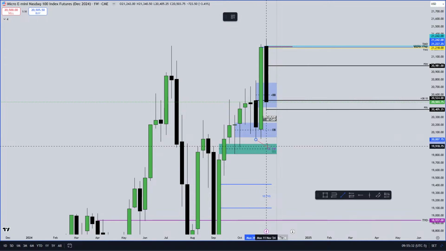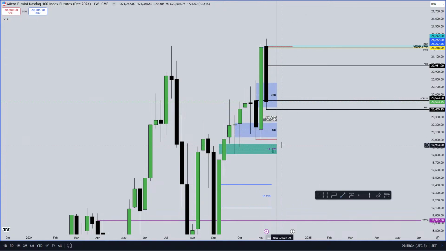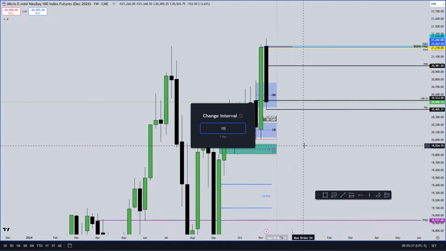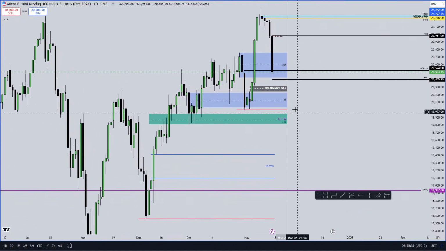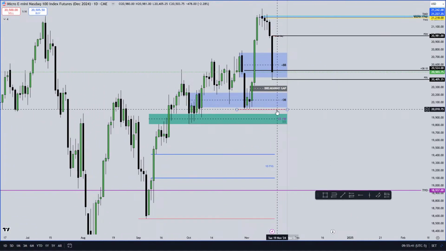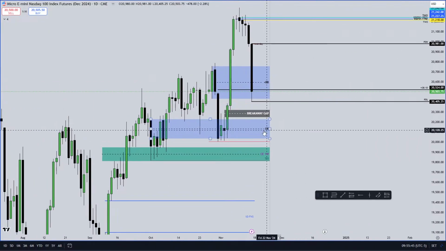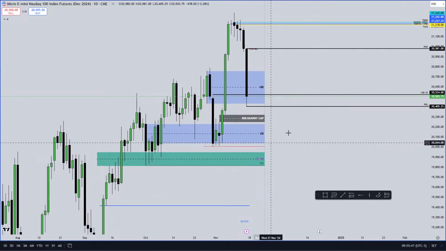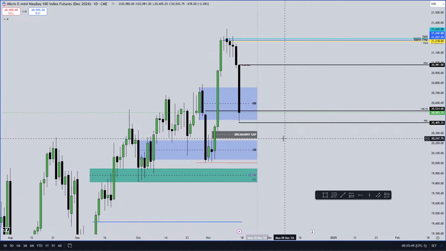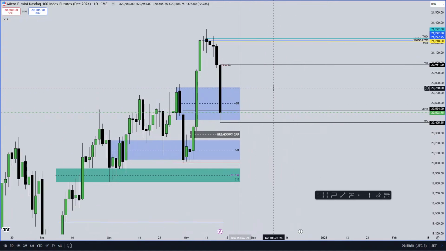So we can keep this liquidity as another point of interest. If you take a short, I would suggest don't take any shorts when the price is at this point. If it's 100% short, if it's an A plus setup, then go for it. But till then, don't.